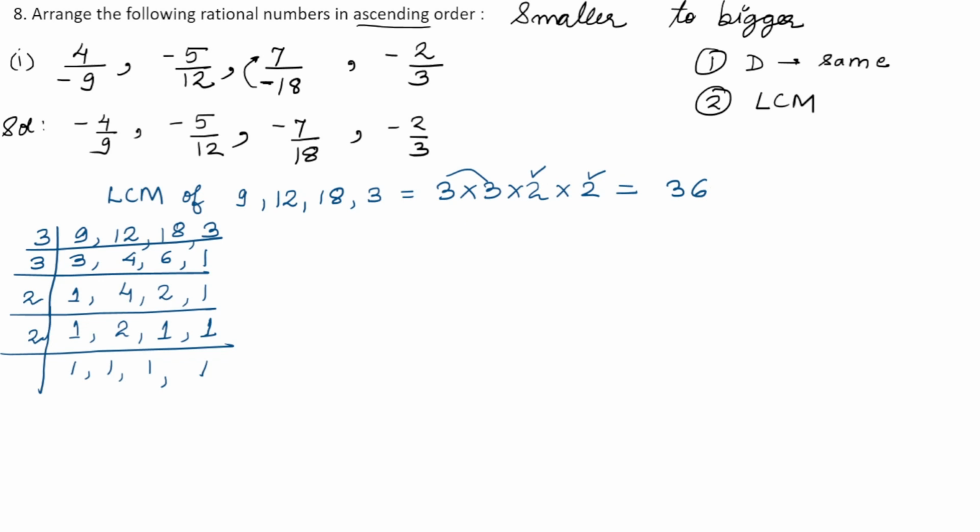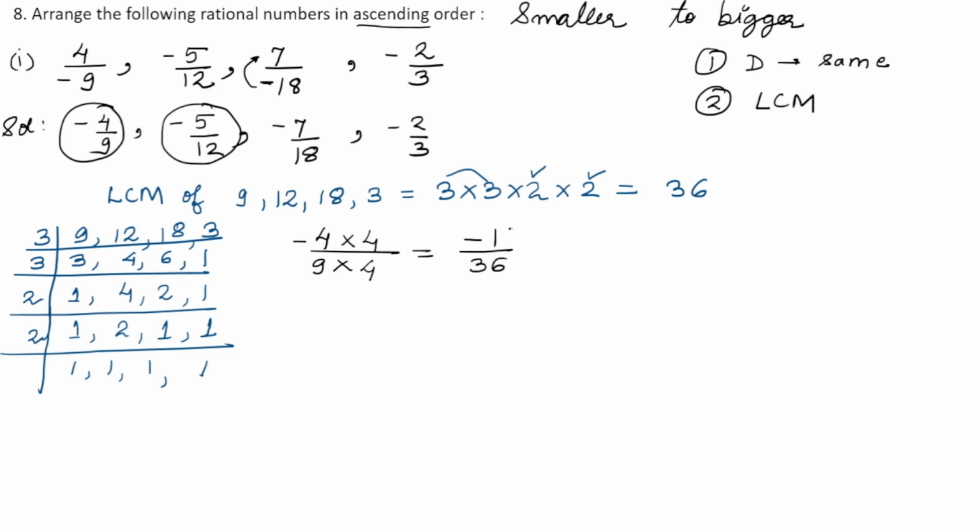Now we will convert all the denominators here to number 36. To do that, minus 4 by 9, we need to multiply it with some number, both numerator and denominator, so that the rational number that we get is of denominator 36. So obviously 9 into 4 is 36. So we are going to multiply the numerator with the same number.